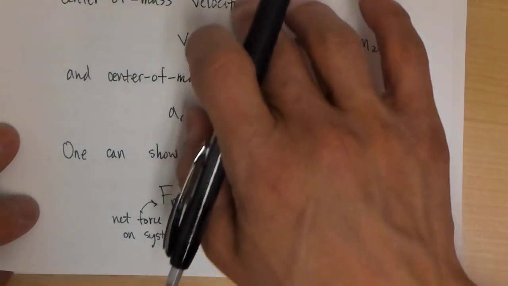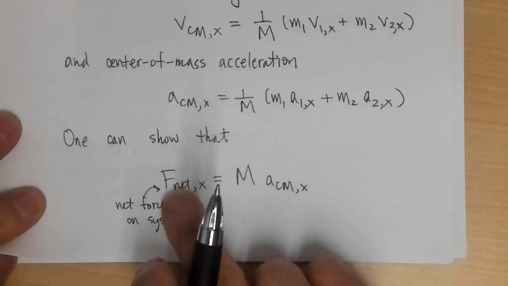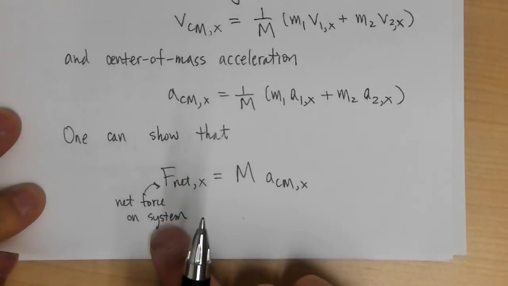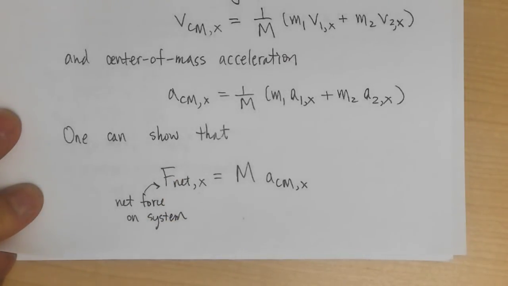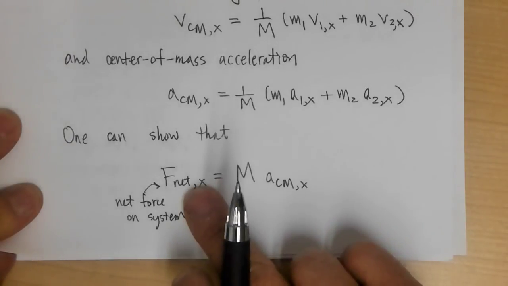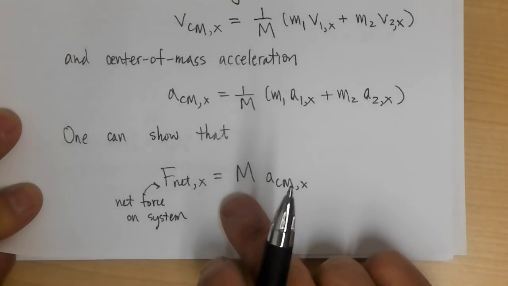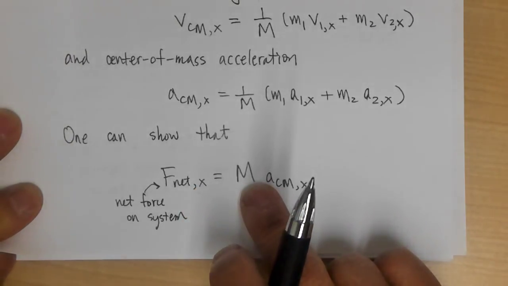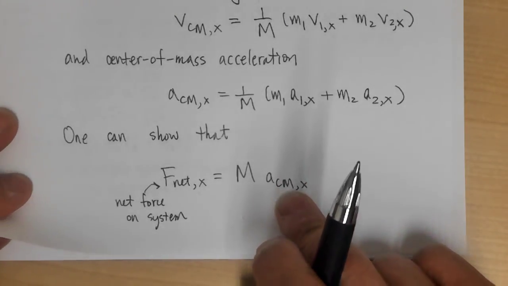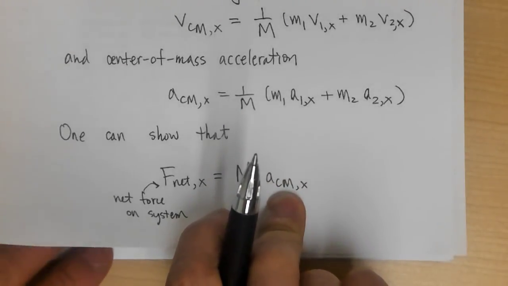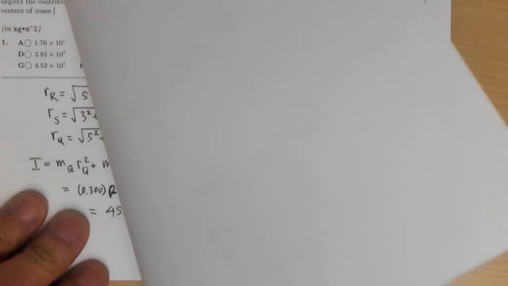So the reason these are useful is that you can show that if you have a net force on the system, the sum of all the external forces on the system, then the F net in the x direction is the total mass, m1 plus m2, times the acceleration of the center of mass in the x direction.